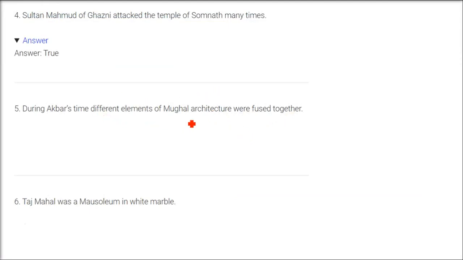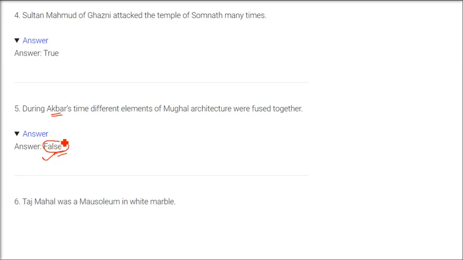During Akbar's time, different elements of Mughal architecture were fused together. Now this question is quite unclear as per the chapter. But I am taking it as false because mainly Shah Jahan is discussed. Because in Akbar's time we do see some blend or fusing of different regimes' architecture, if you see Fatehpur Sikri.